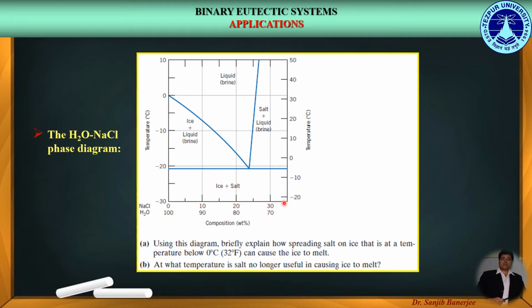So we cannot find the liquid brine solution. So below this particular temperature, the salt is no longer useful in causing ice to melt. So this explains one of the applications of binary eutectic systems.